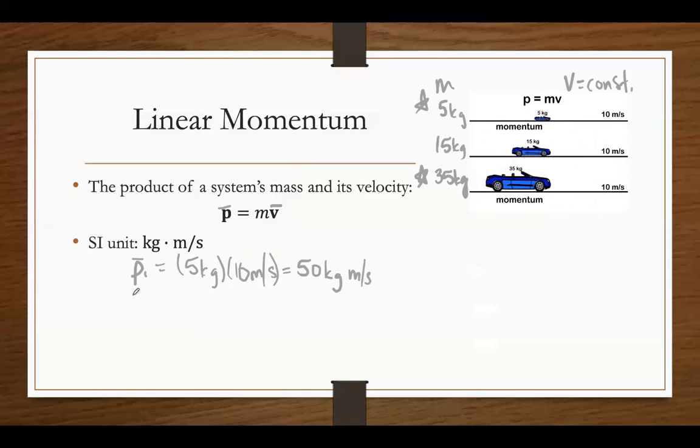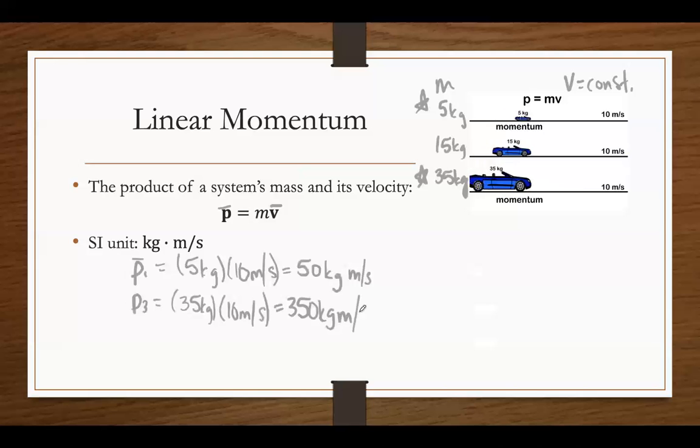Now if we want to look at the third one, this one down here, we have a mass of 35 kilograms and the same speed, 10 meters per second. So my momentum here is 350 kilograms meters per second.